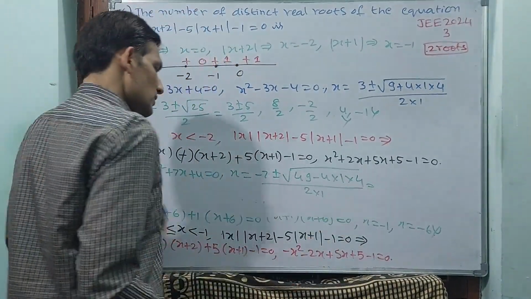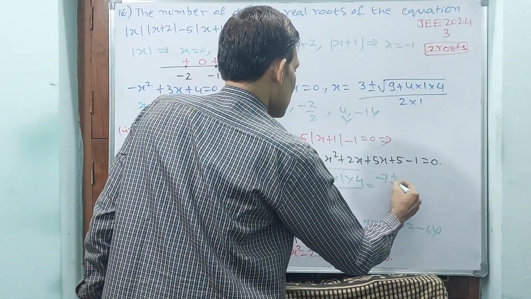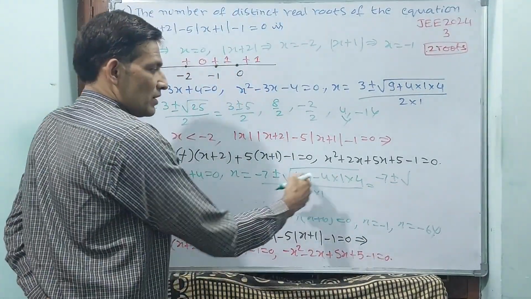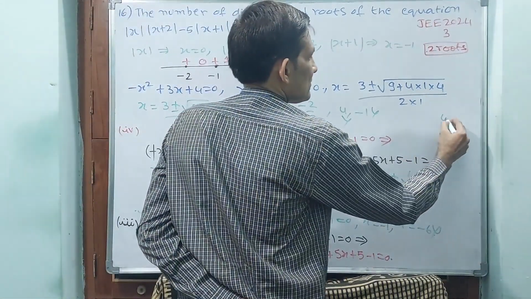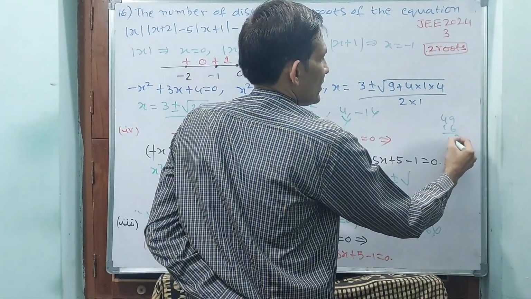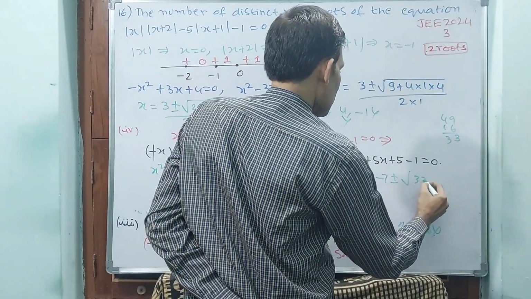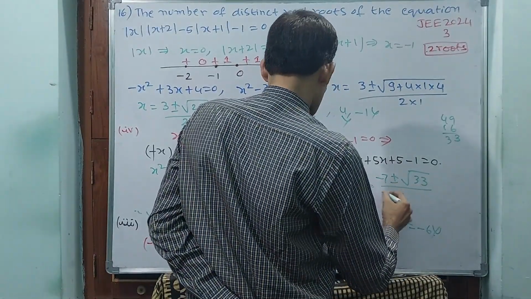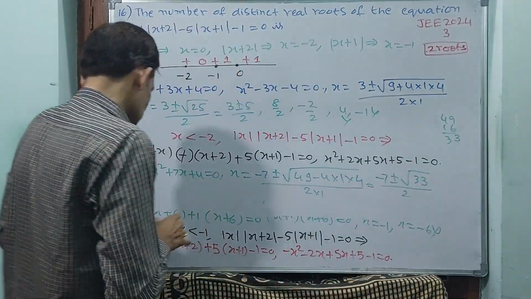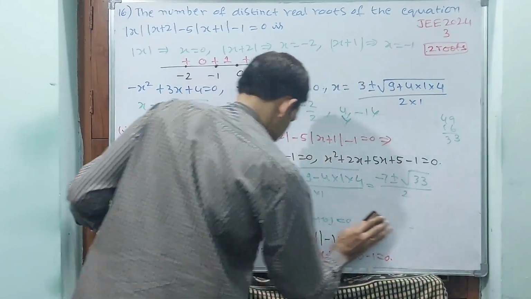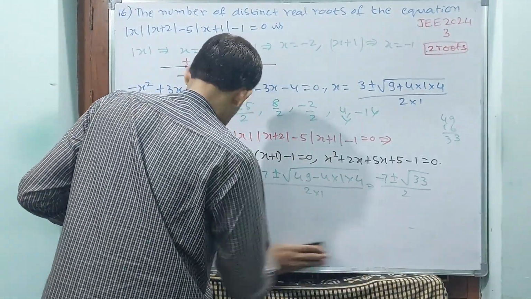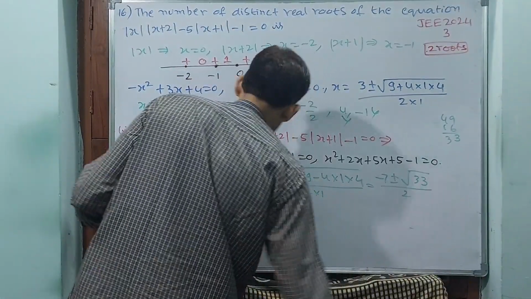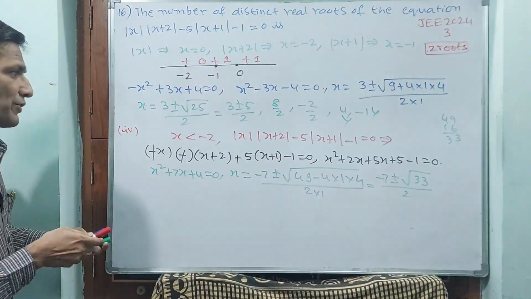That is equal to minus 7 plus or minus square root of 49 minus 16, that is 33, by 2. Okay, shall I remove this remaining? Now come to the conclusion. Here also one root you have to get. See how we are going to get that root.